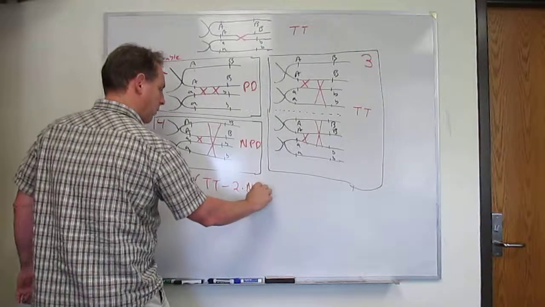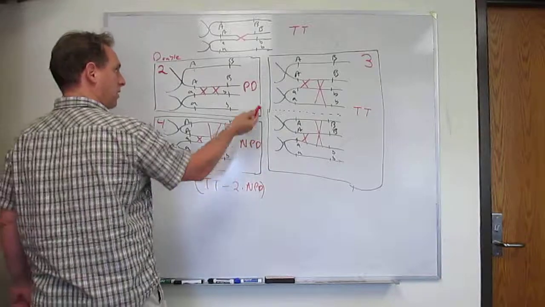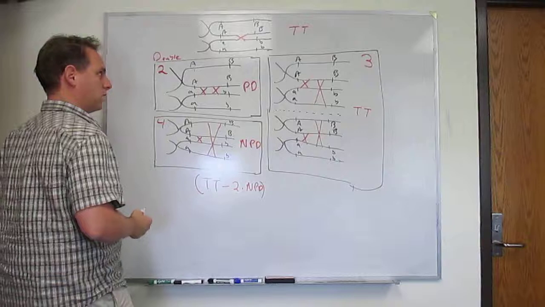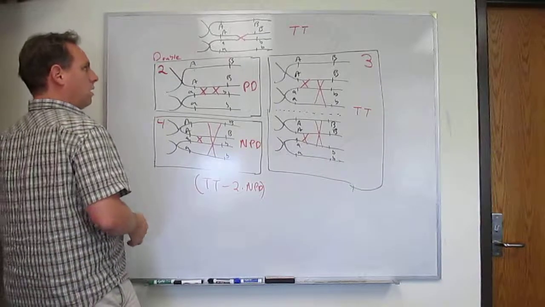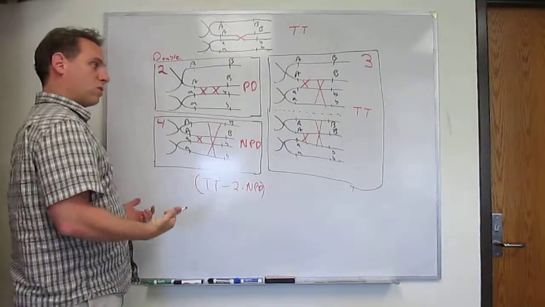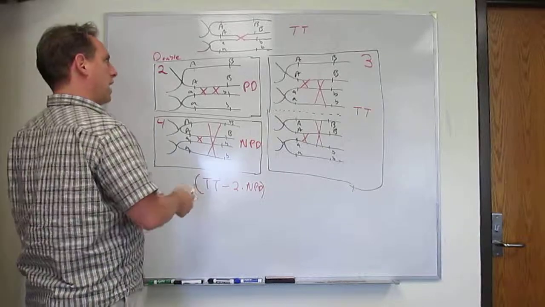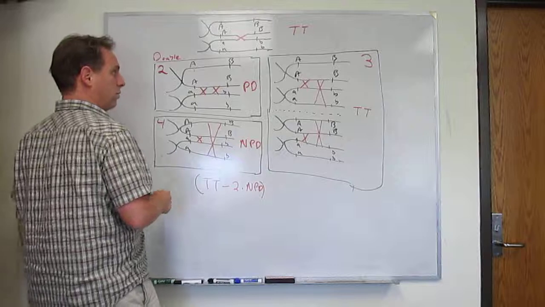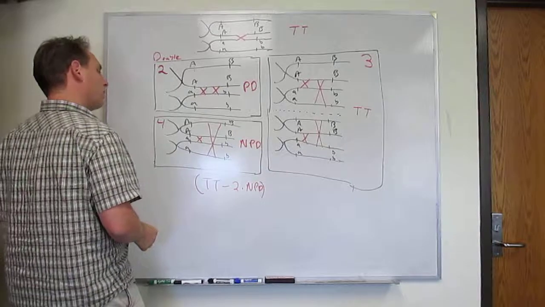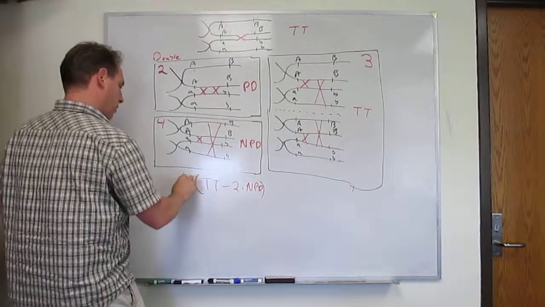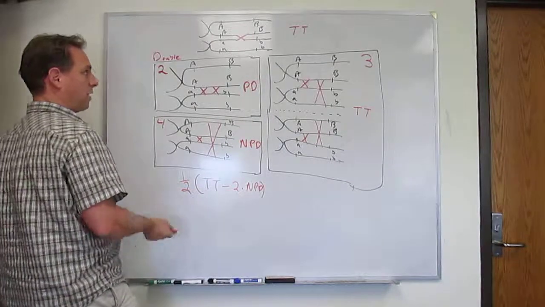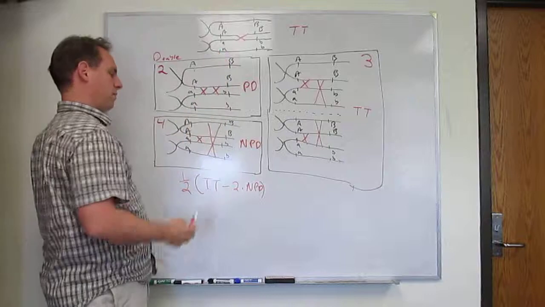And you can see how that will now lead to the number of tetratypes that are in fact due to single crossovers. Now, since we're counting crossover frequency, we need to remember that in these scenarios, only half of those tetrads actually produce recombinant products. And so we can put a number here times half, which is a measure of the correction for how many crossovers actually happen in these meioses.